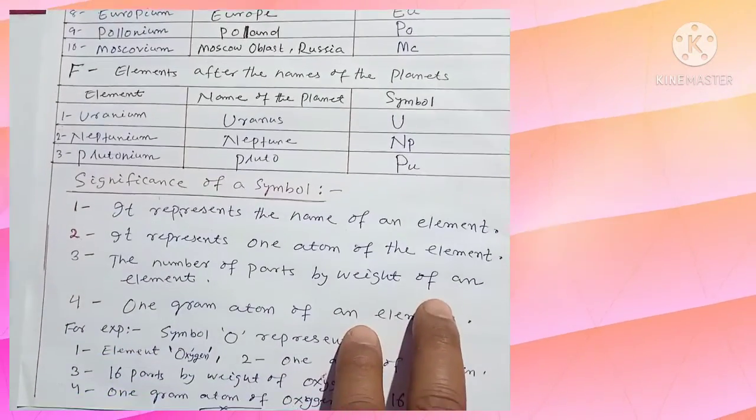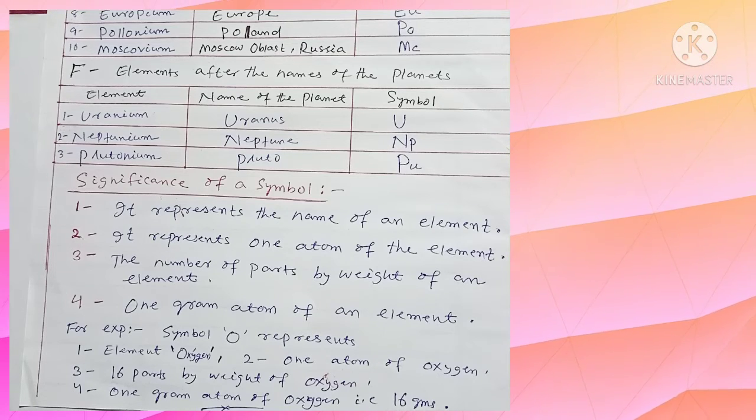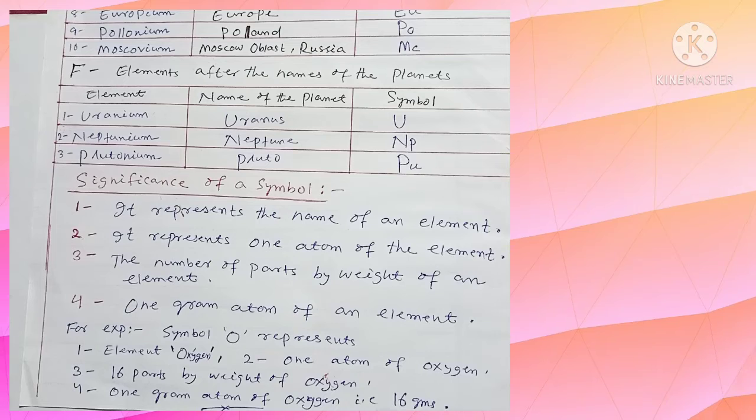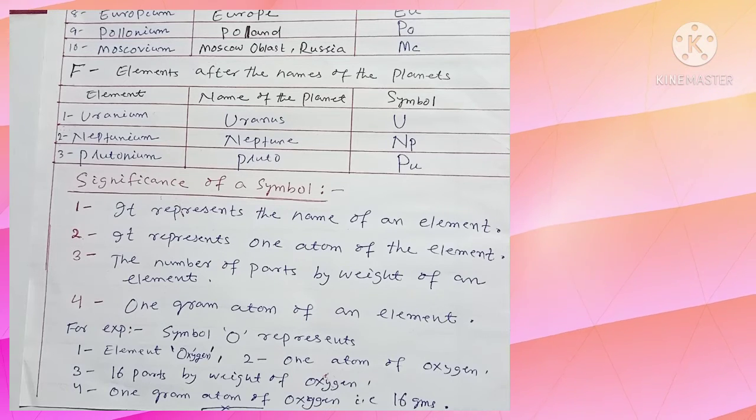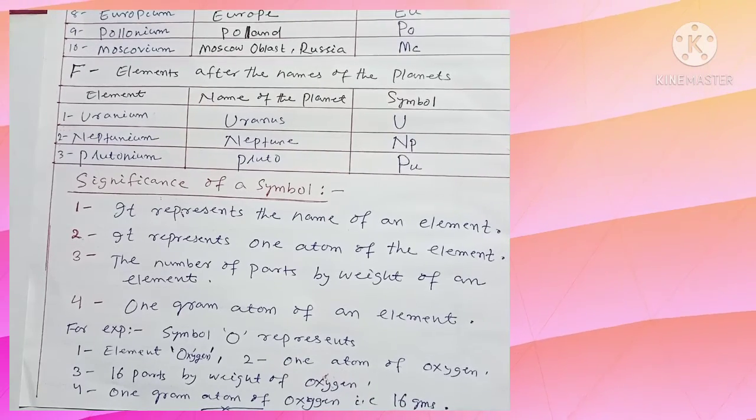Now, you shall see what a symbol represents. A symbol represents the name of an element. It represents one atom of the element, the number of parts by weight of an element, and 1 gram atom of an element.